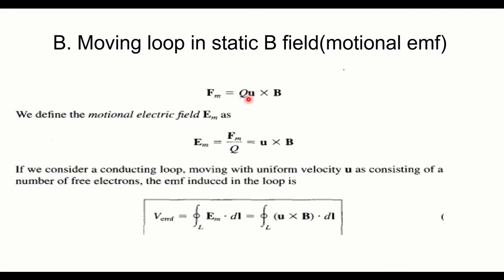Q is the charge, U is the velocity of the moving conductor, and B is the magnetic field. We already know that electric field intensity E will be equal to force per charge. So F is Q into U cross B, and F per Q, the electric field intensity, will be equal to U cross B.